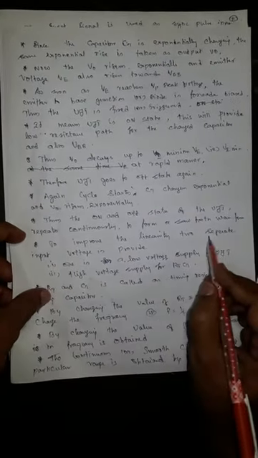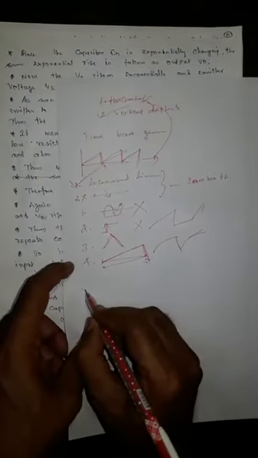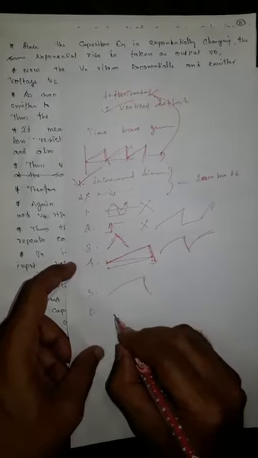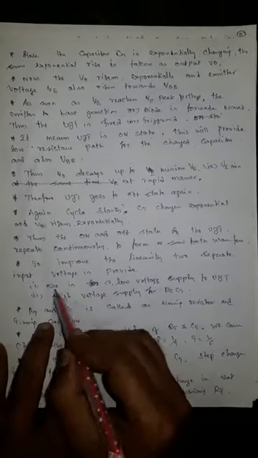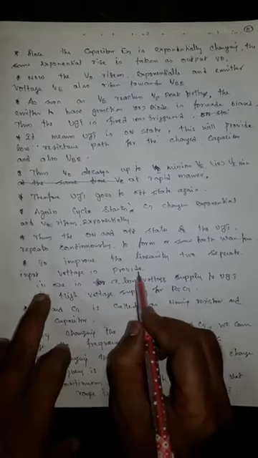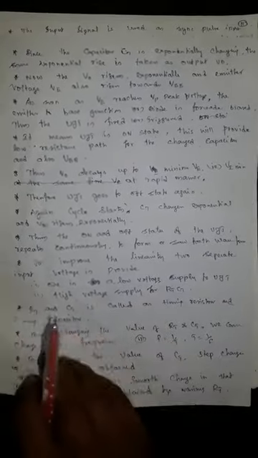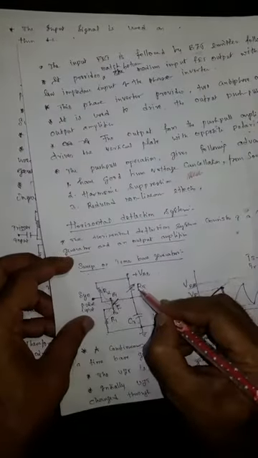To improve the linearity, two separate input voltages are used. Here is the practical case, where the waveform is like this, but what we actually need is a waveform like this. So to improve the linearity, two separate input voltages have to be provided: a low voltage supply to the UJT and a high voltage supply to RT and CT.